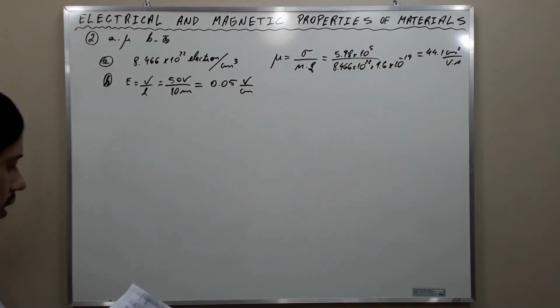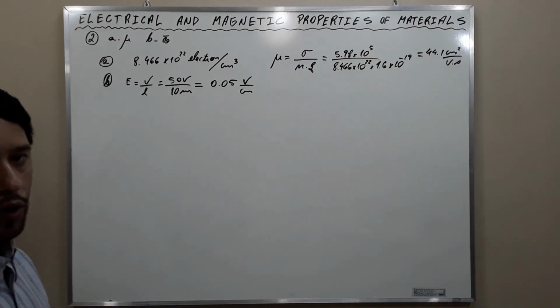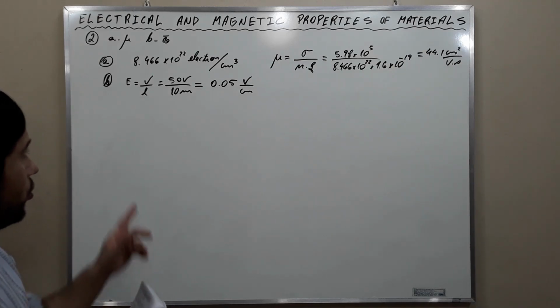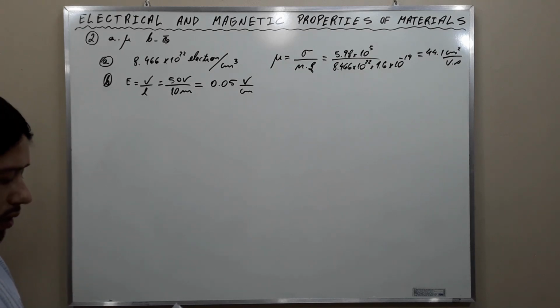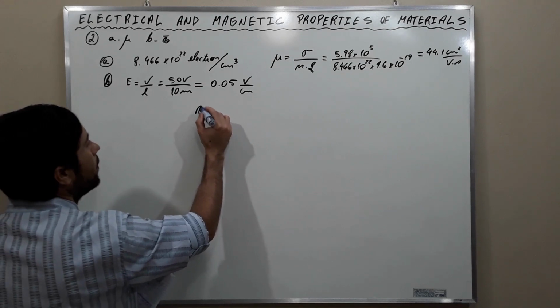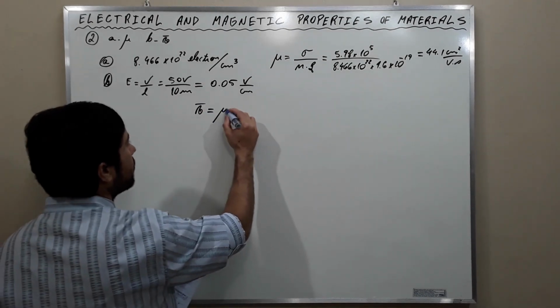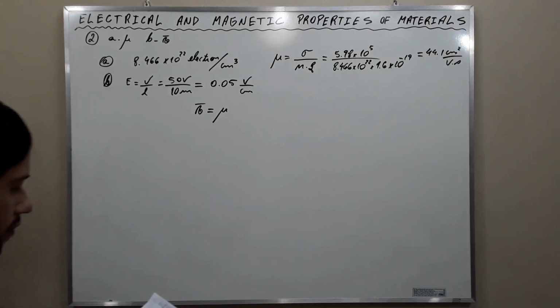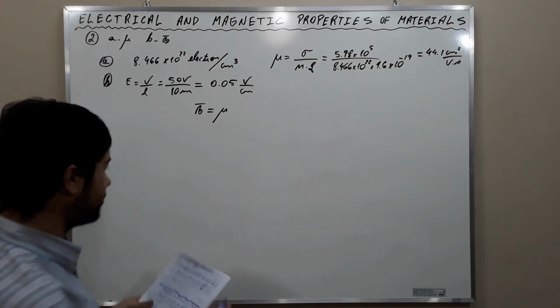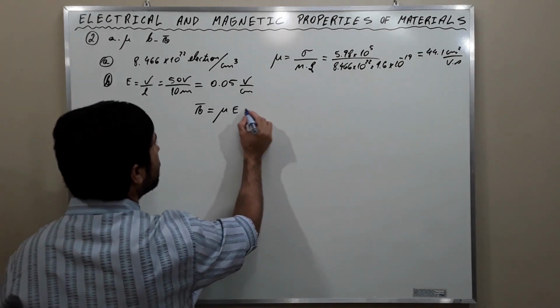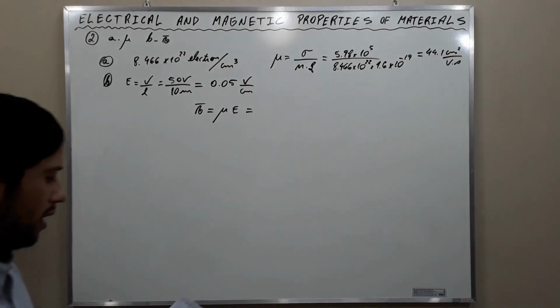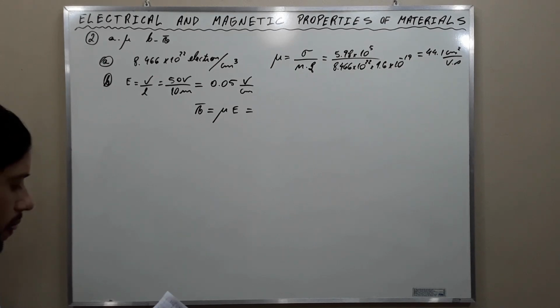Okay? Finally, we can calculate the drift velocity using these results, knowing that the average drift velocity is the mobility of electrons in the material, in this case copper, times the electric field intensity.